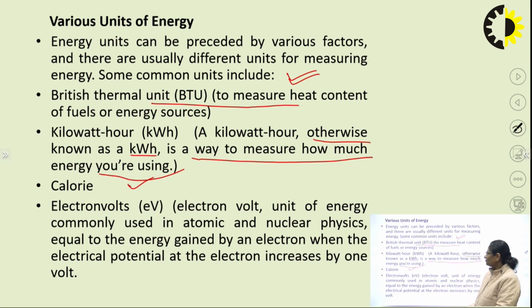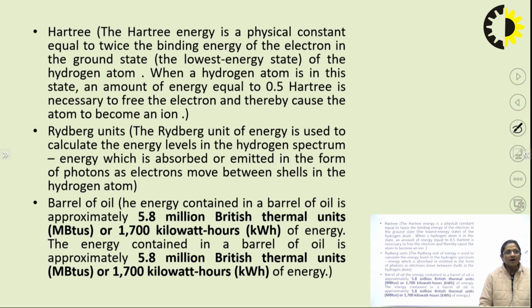Then electron volts. Electron volt is the unit of energy which is commonly used in atomic and nuclear physics. It is equal to the energy gained by an electron when the electrical potential at the electron increases by 1 volt. Hartree.